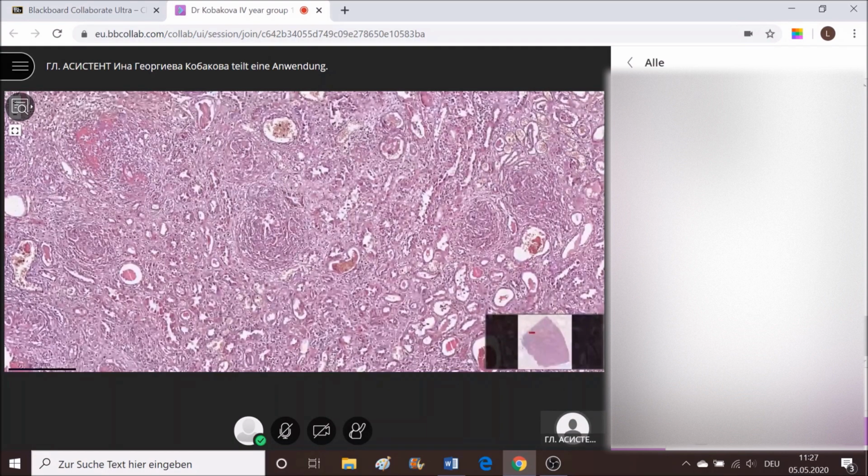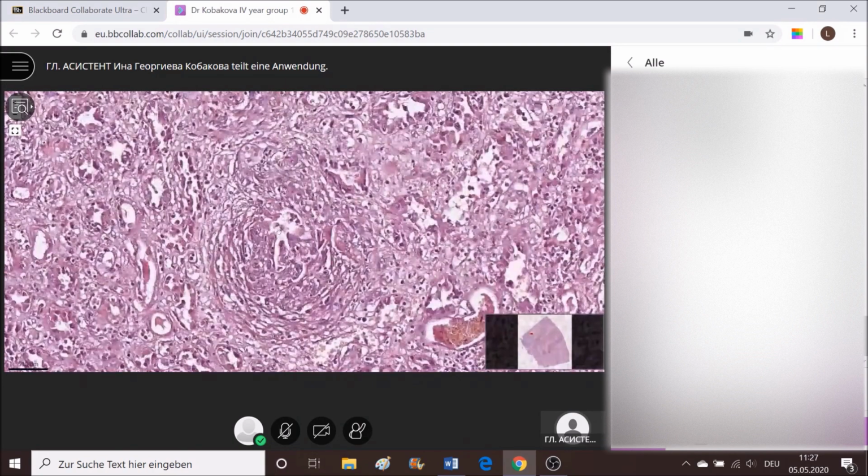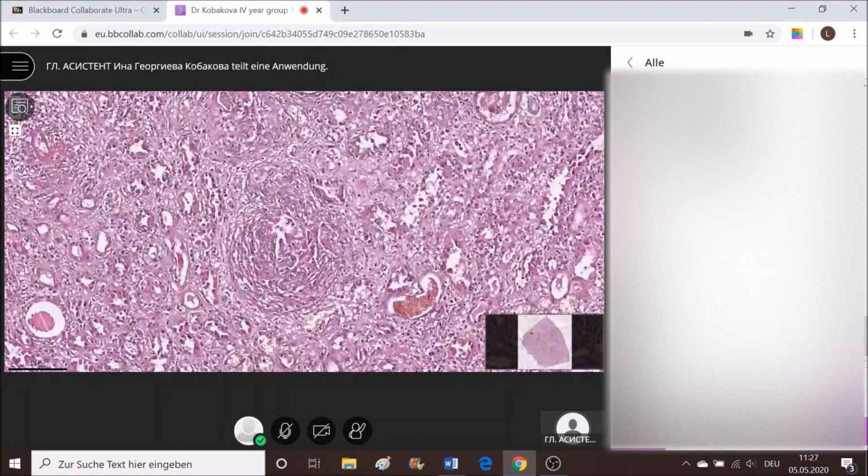Yeah. It's appearing to be with proliferation of mesangial cells and endothelial cells and filling of the Bowman space with multiple fibers of fibrin and also fibrous tissue mixed together, which is not marking well the Bowman capsule itself.